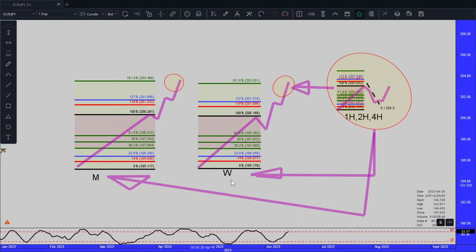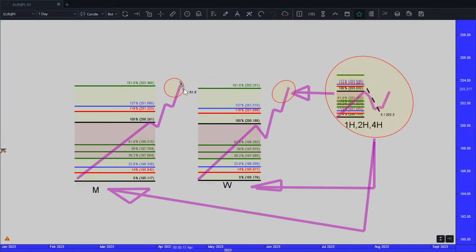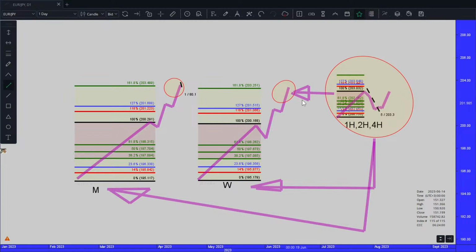Type in the chat, what is going to happen when you are going to buy the 1 hour, 2 hour, 4 hour chart according to your strategy? You're going to buy in here somewhere, right? What is going to happen with your trade?